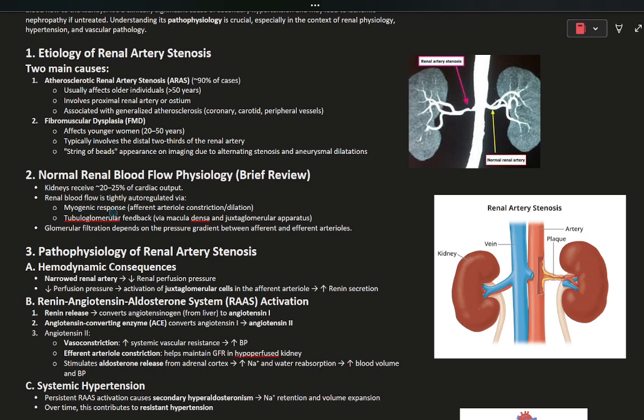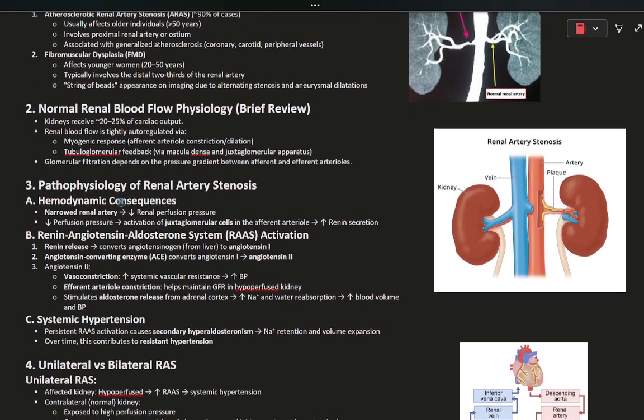Myogenic response, which involves the afferent arterial constriction and dilatation, and then tubuloglomerular feedback through the macula densa and the juxtaglomerular apparatus. Additionally, glomerular filtration depends on the pressure gradient between the afferent and the efferent arterioles. These factors impact the nature of renal blood flow in general.